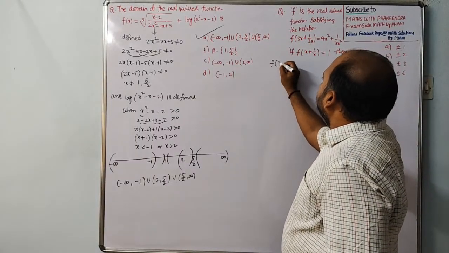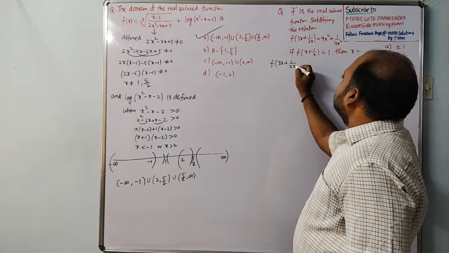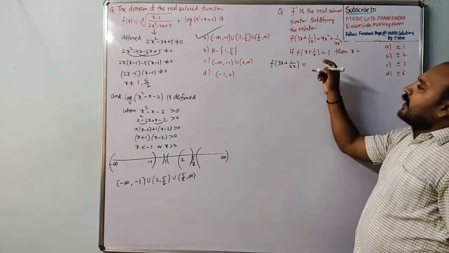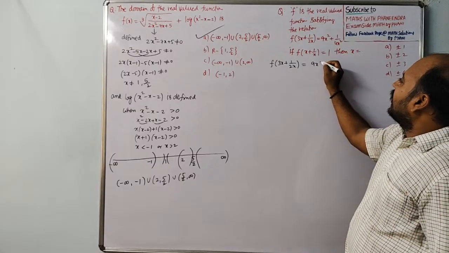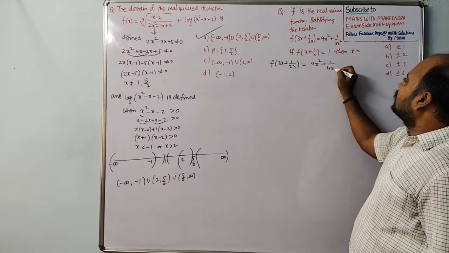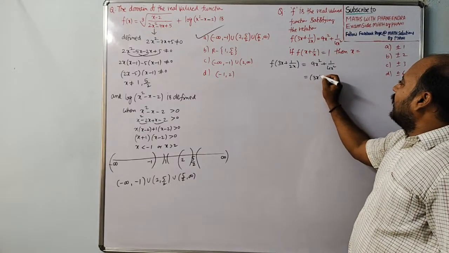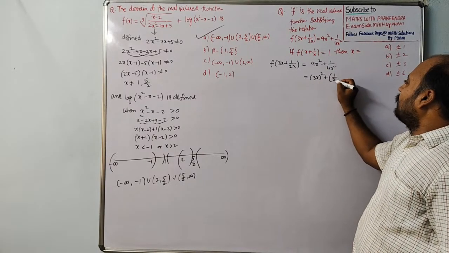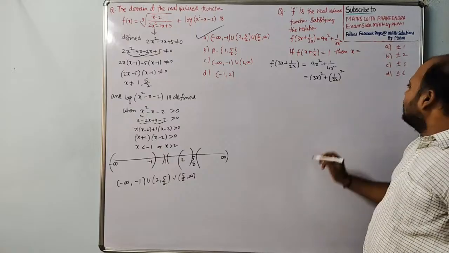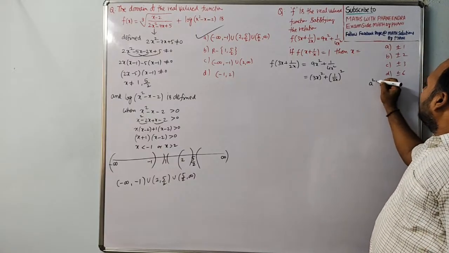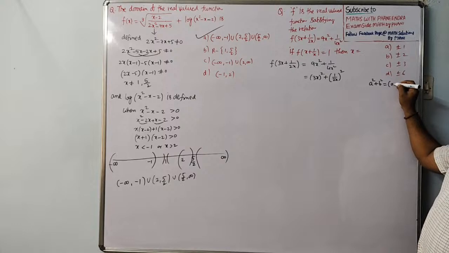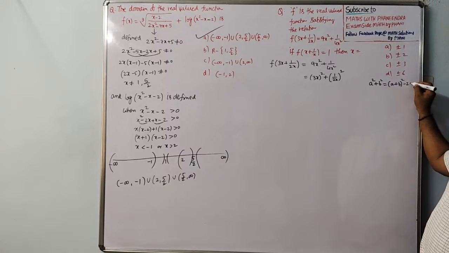f of 3x plus 1 by 2x is equal to 9x square plus 1 by 4x square. This we can write it as 3x whole square plus 1 by 2x whole square. Is it in the form of a square plus b square? A square plus b square can be written as a plus b whole square minus 2ab only, no?